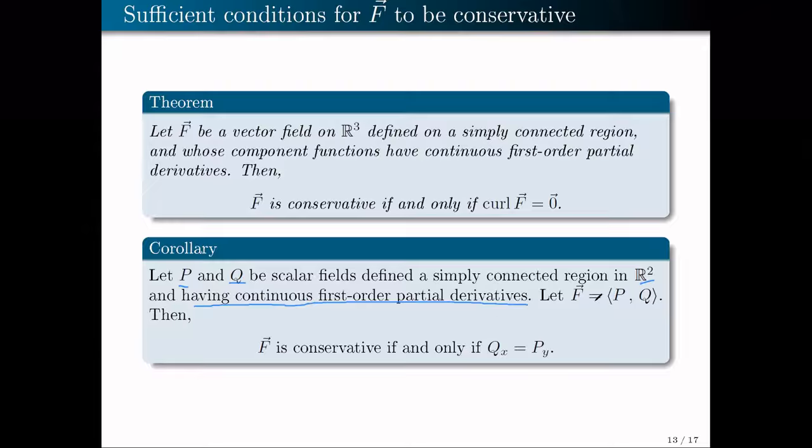Now suppose that F has the following form: in its first component it has the scalar field P, and in its second component it has the scalar field Q. Then we say that F is conservative if and only if the partial derivative of the second component with respect to x, or Qx, is equal to the partial derivative of the first component with respect to y, that is, Qx equals Py.